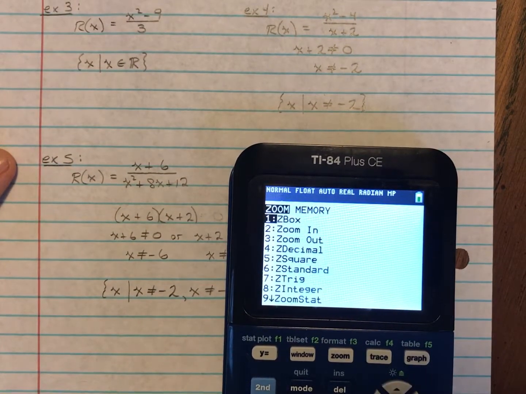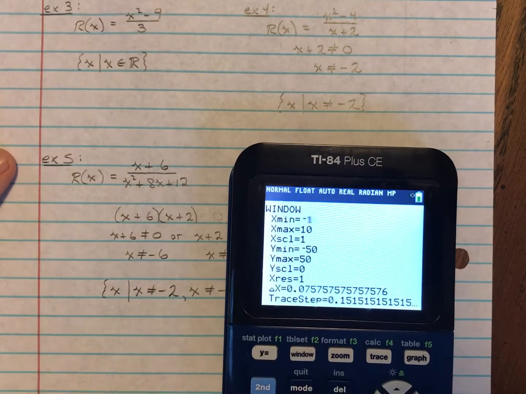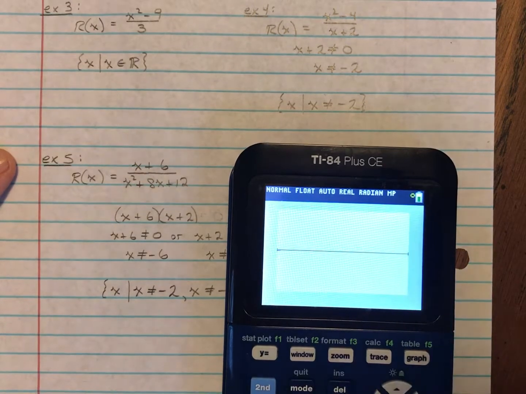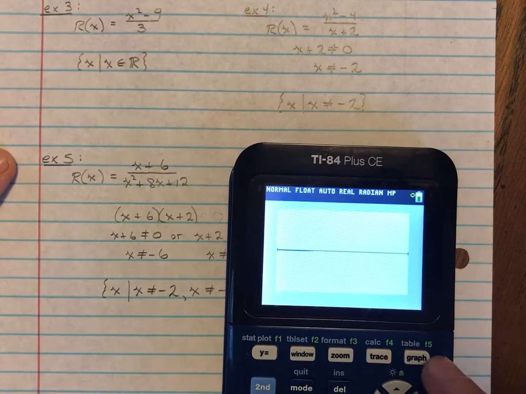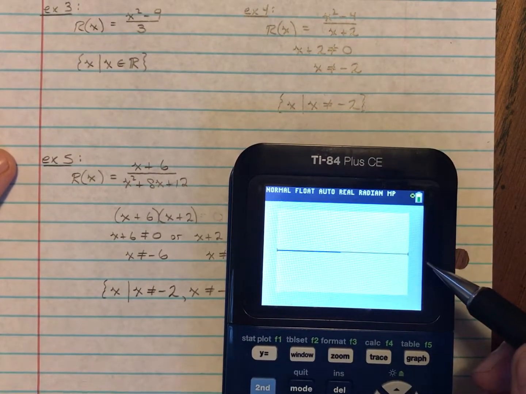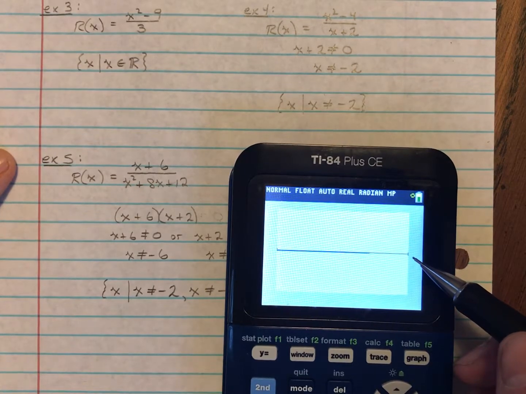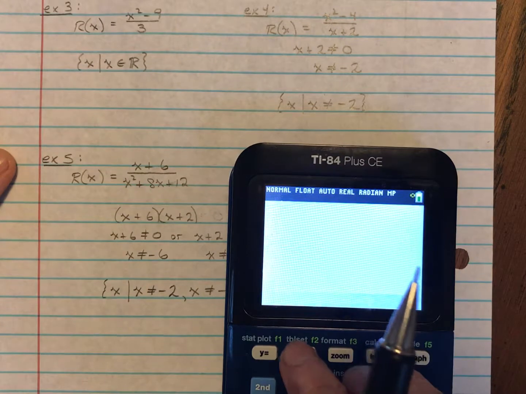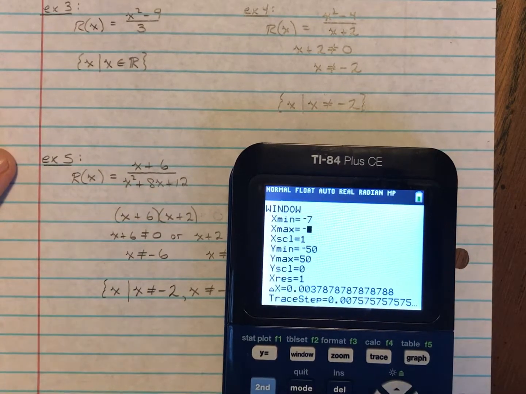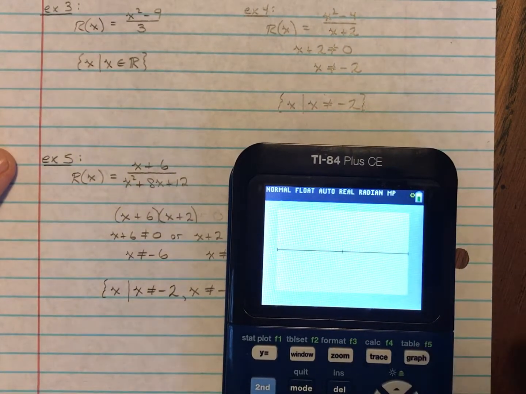Let's zoom in at negative 6. Let's go from negative 7 to negative 6. I should have gone from negative 7 to negative 5. Sorry about that. Okay, window, negative 7. I want negative 6 to be in the middle. What's going on at negative 6?